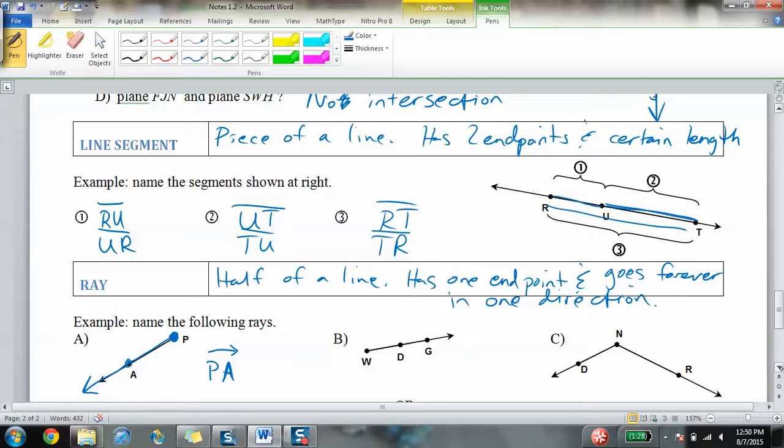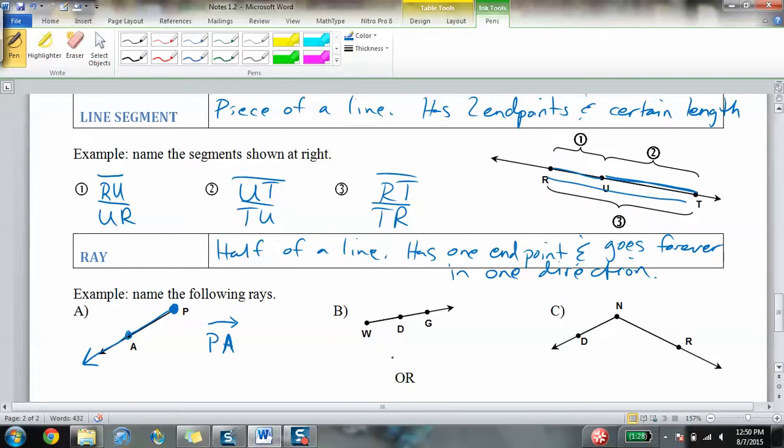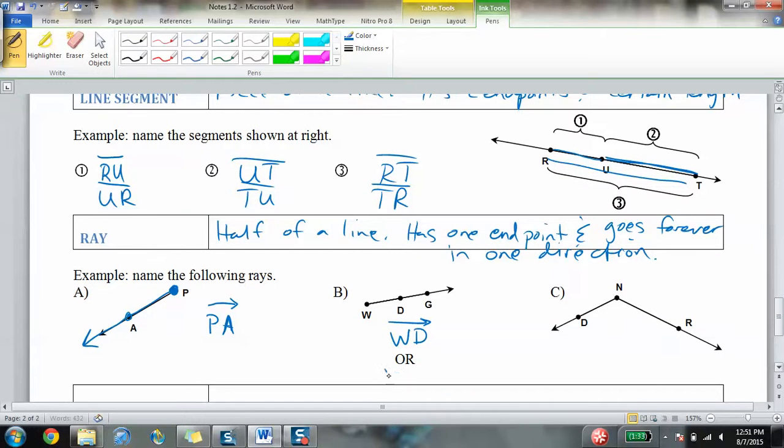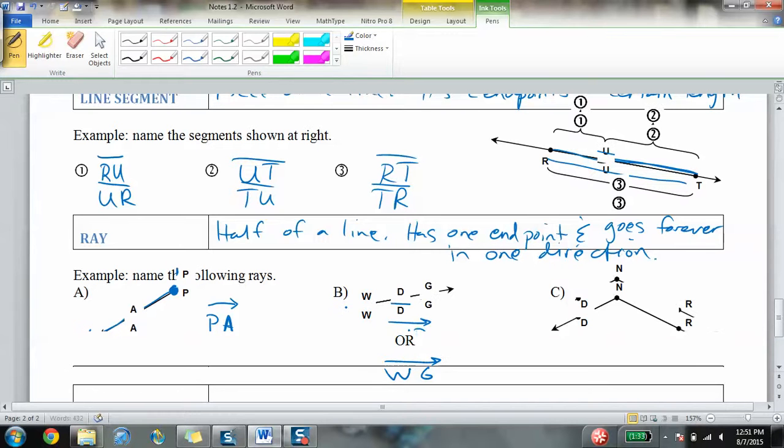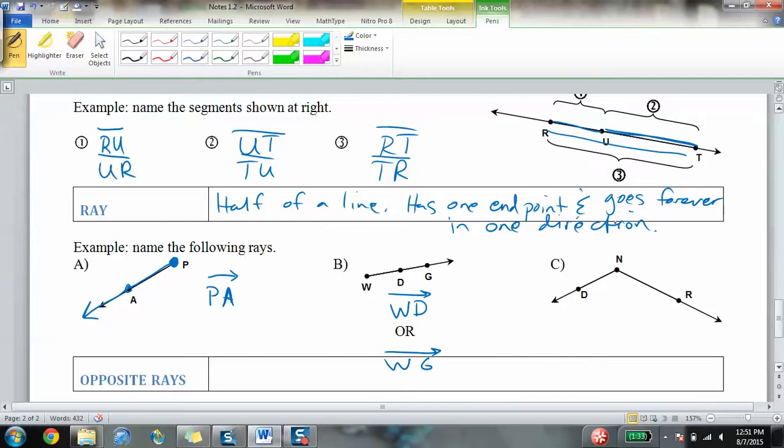So for this one, I could either call this WD, or I could call it WG. But I have to use W as my first point because that's where it's starting. For this one, I've got two different rays: ray ND and ray NR.